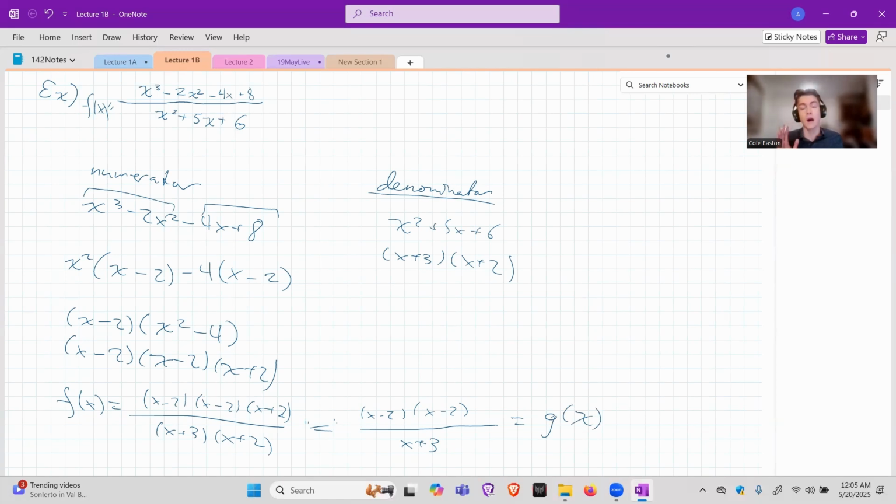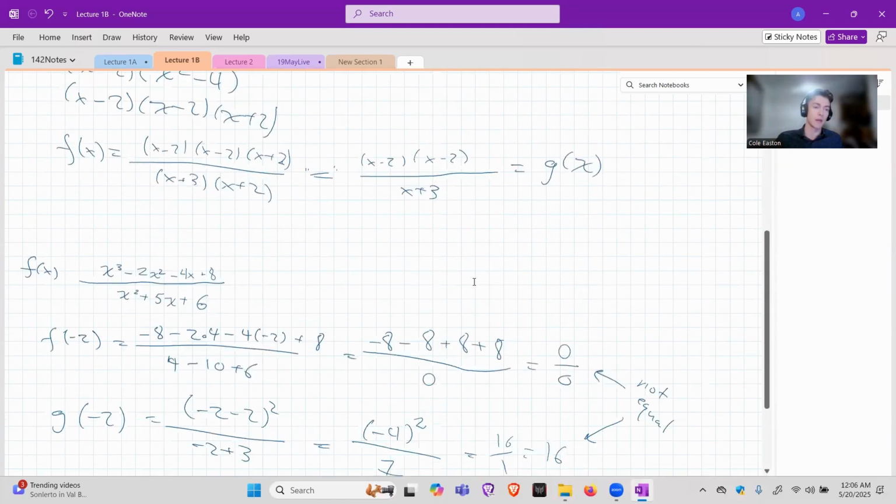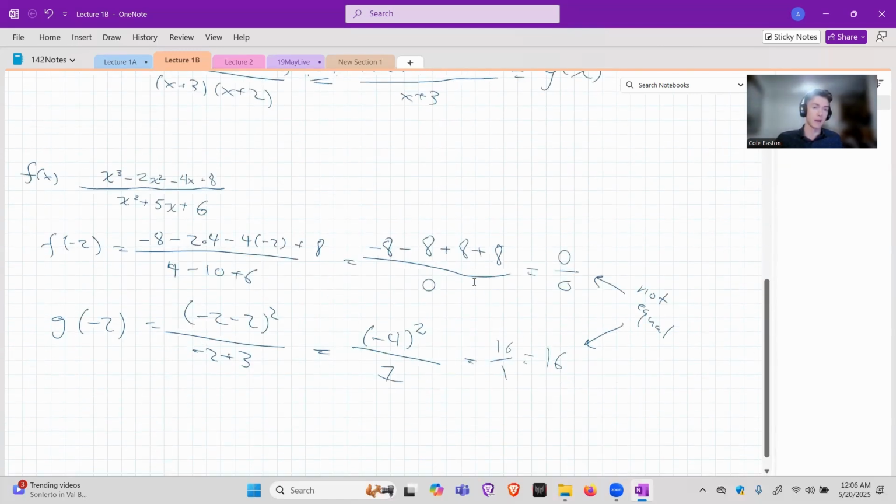And they are for almost every input. But there's one input that's not going to make them the same, and that is the input that makes the factor that we canceled out be 0. So notice that we canceled out that x plus 2, which would be 0 if x was minus 2. And I went ahead and I plugged minus 2 into f of x and minus 2 into g of x here.